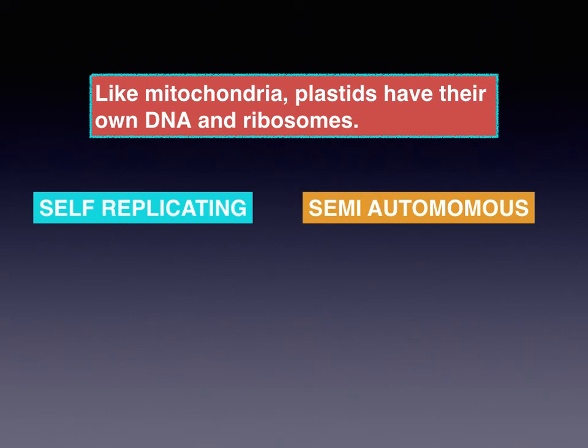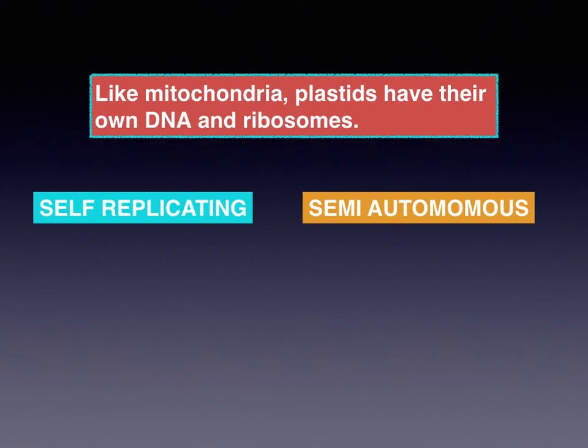Okay guys, I hope you remember that while we were doing the mitochondria video, in the last slide I mentioned the self-replicating and semi-autonomous nature of mitochondria. You remember that? So let us just recapitulate that. Mitochondria is that organelle which has DNA and ribosomes.